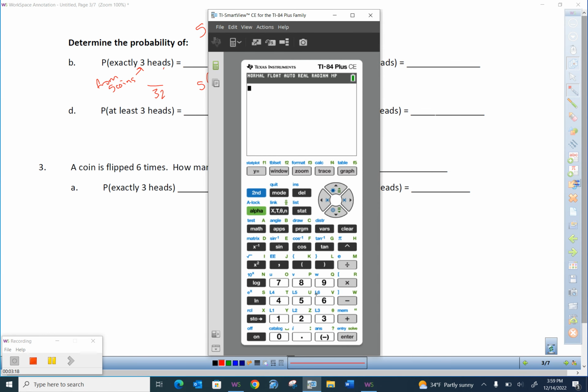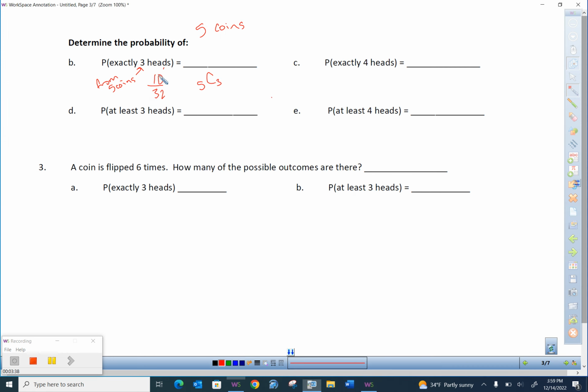As a reminder, you put the number first, and then we go to math, over to probability, and we want the third one down, and then we're choosing 3. So this tells us out of our 32 in our sample space, there are 10 outcomes that have 3 heads. And then we reduce it, 5 over 16, or you can write it as the decimal. It's up to you.